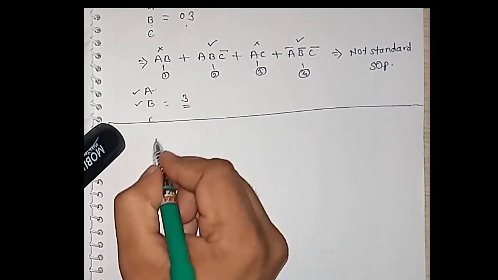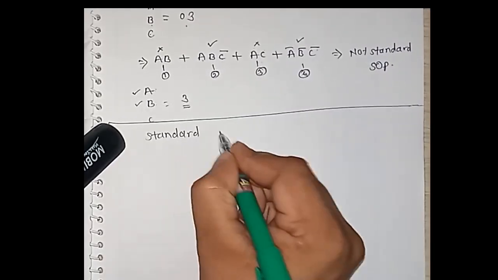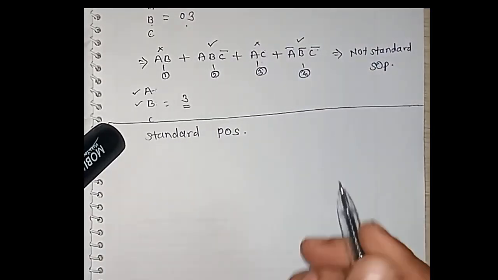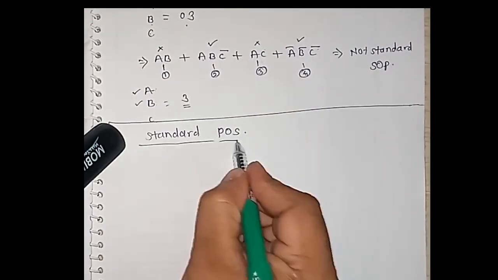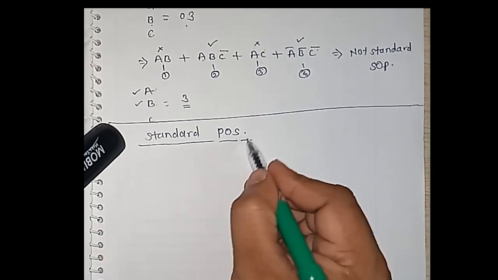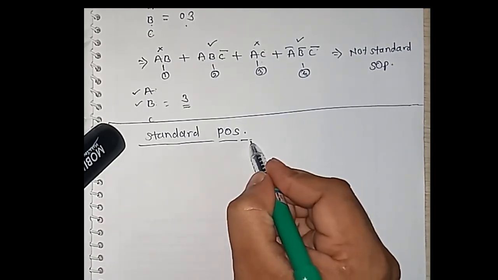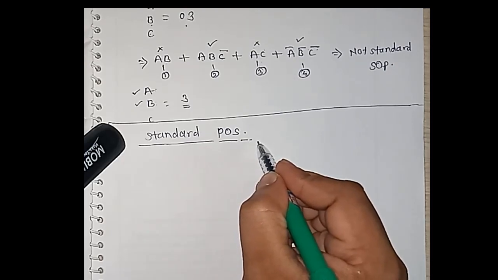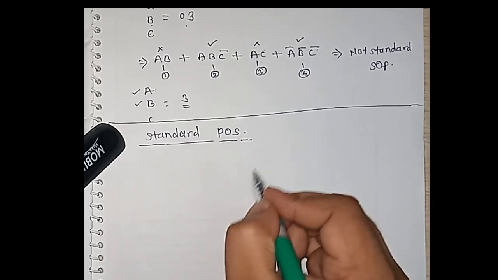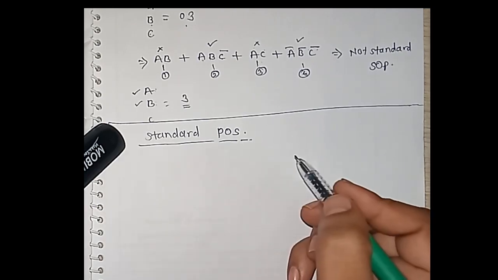Okay, the next type is the standard POS equation. Now what does a standard POS equation mean? In this type of equation, all the sum terms consist of all the literals present in complemented or uncomplemented form.